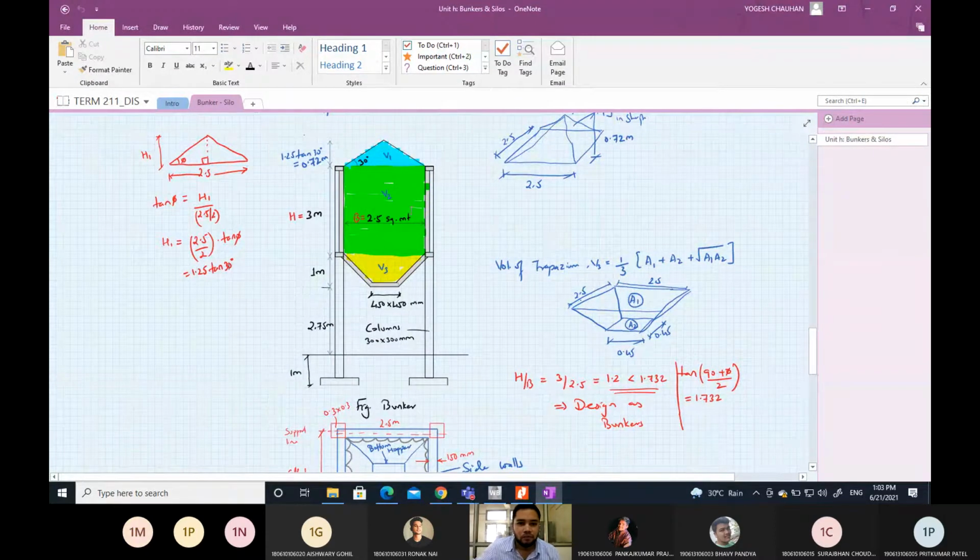The width of the side walls was 2.5 meter. It was a 2.5 by 2.5 square bunker.